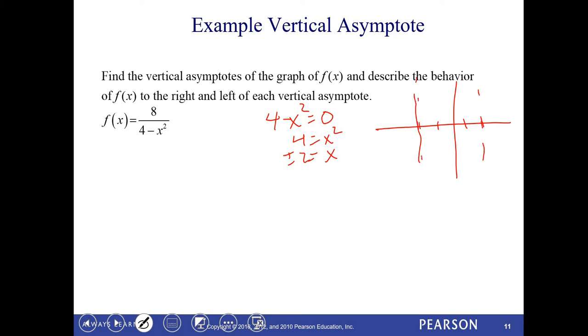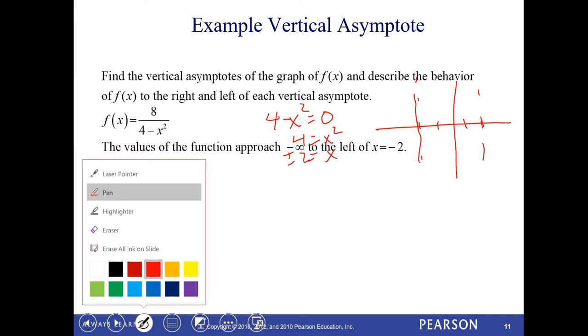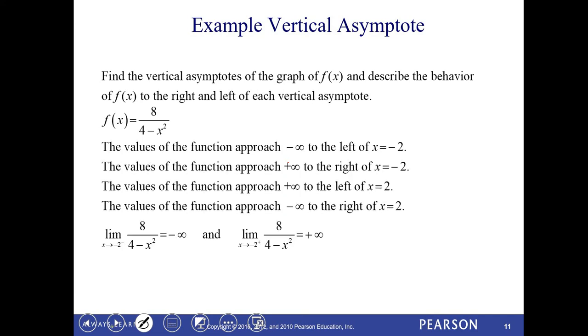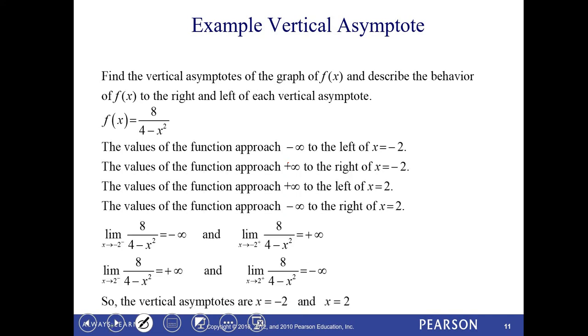I think there's a picture that comes up in a minute. So the values of the function approach negative infinity to the left of negative 2. Let me keep going and see if I can get that graph to pop up. There it is.